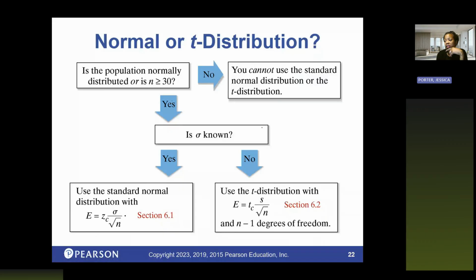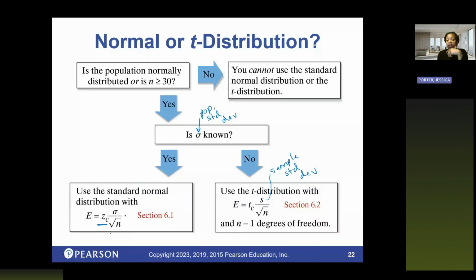Remember, this symbol is the population standard deviation. S is the sample standard deviation. Okay. So if the population standard deviation is known, then we're going to use the standard normal distribution, and that is with the Z critical value.